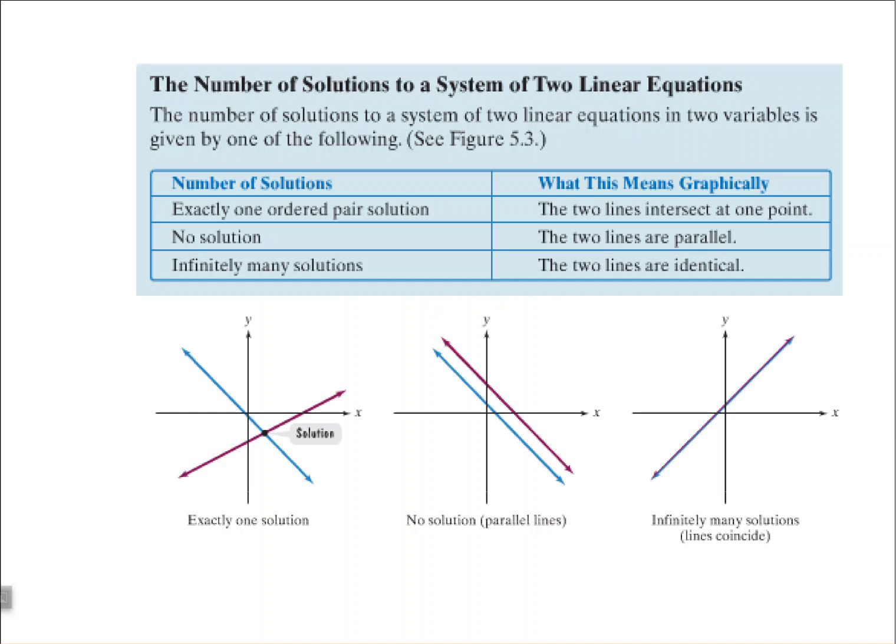Therefore, they wouldn't have any point in common, any ordered pair in common. If the system has infinitely many solutions, that means that the two lines are identical or the equations are the same, maybe just have different multiplied coefficients. But if we simplify both equations, they would be exactly the same. So the lines coincide if we were to graph those.